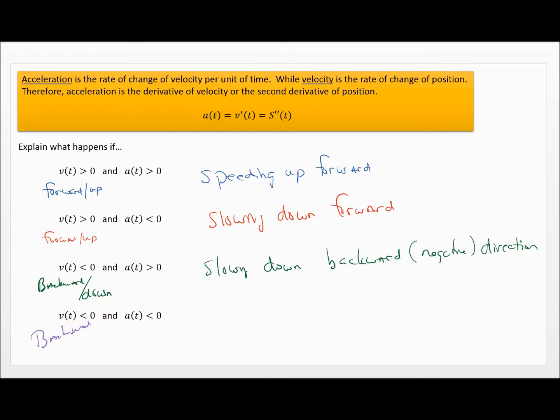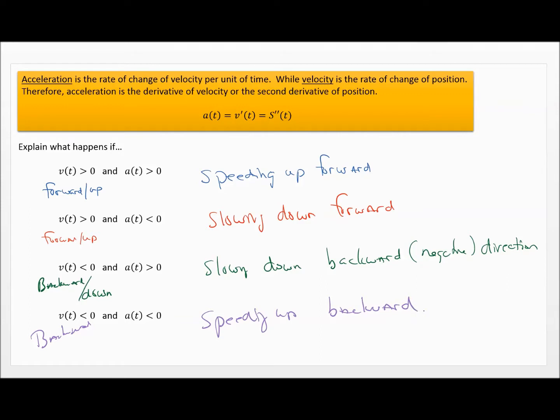But now, if acceleration is also negative, they're going in the same way. Just like when they were both positive, we're speeding up in the forward direction. If they're both negative, then we are speeding up in the backward direction. Speeding up, going backwards is what's happening here.